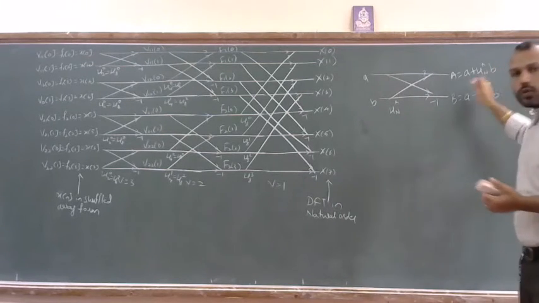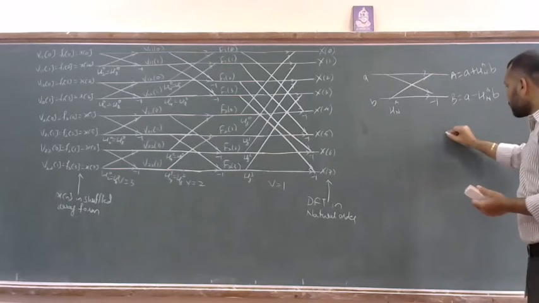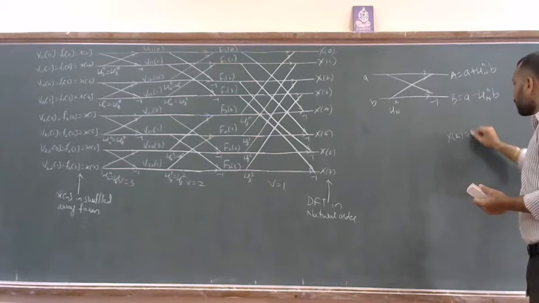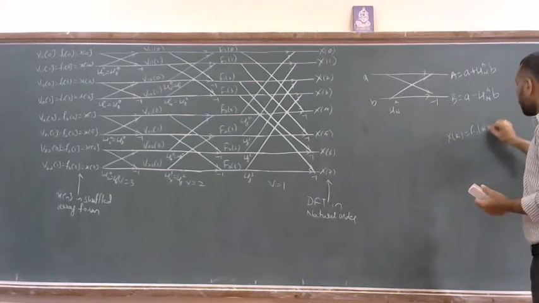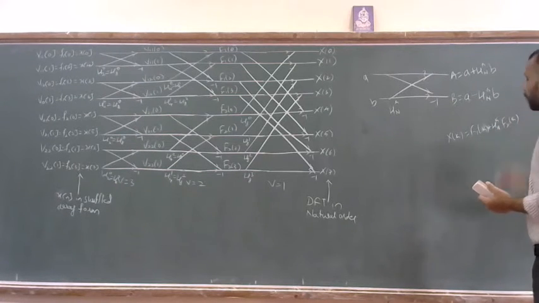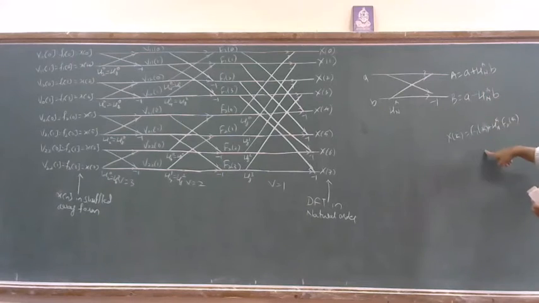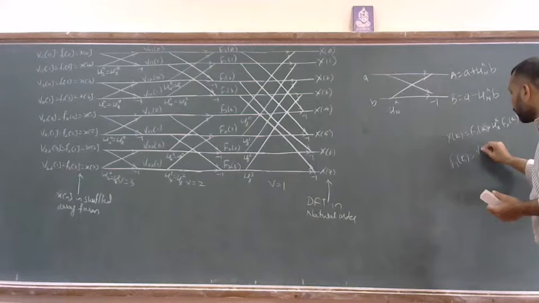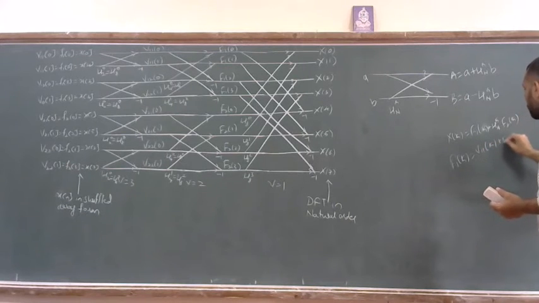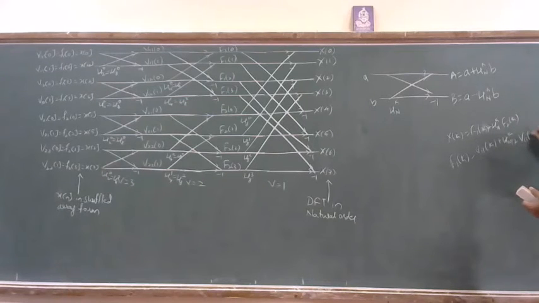Now compare these two equations with the previous one. That is, X of k was F1 of k plus W_N^k into F2 of k. The first equation is similar to this. If you write it with respect to F1 of k, then it was equal to V11 of k plus W_{N/2}^k V12 of k.